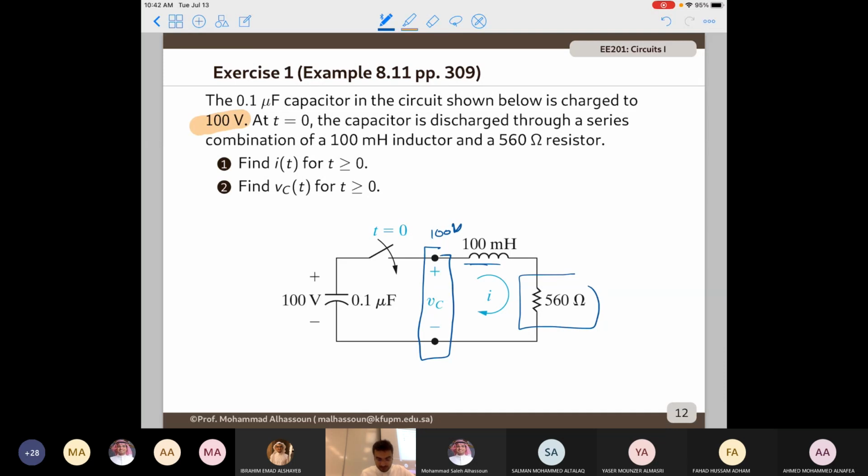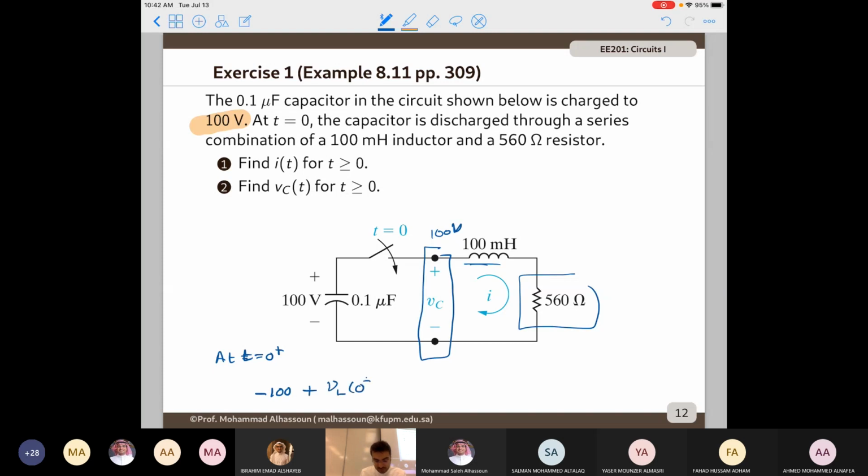If you apply KVL at t equals 0 plus, you will see that minus 100, because this is the voltage across the capacitor, and the voltage across the capacitor cannot change instantaneously.